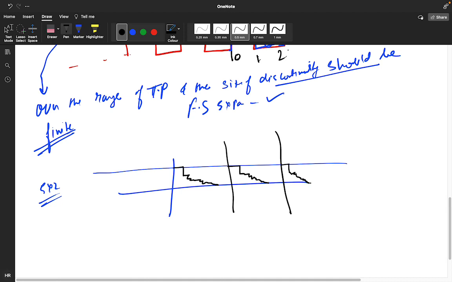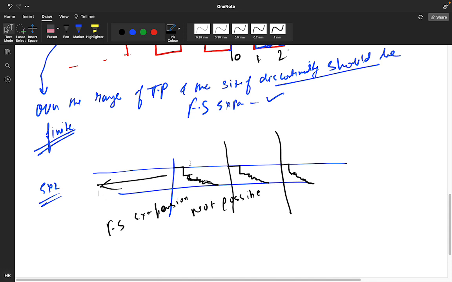How many discontinuities are there? It is not finite; there are so many discontinuities. So the Fourier series expansion is not possible. This side is also repeating the same thing. So that is the condition for the Fourier series expansion.